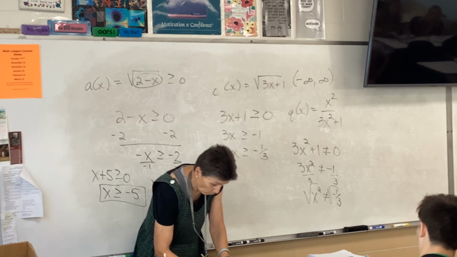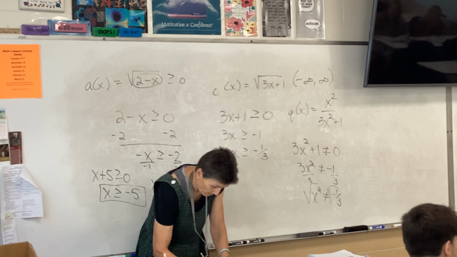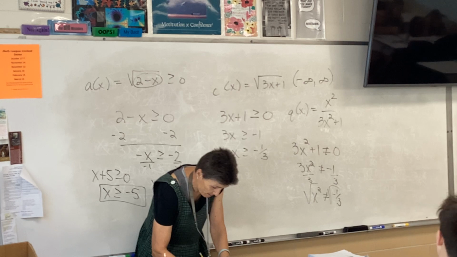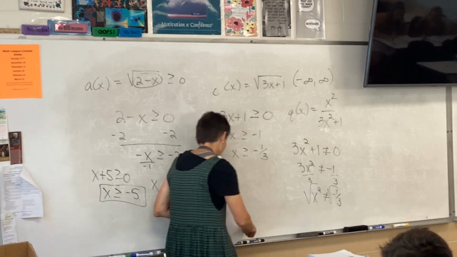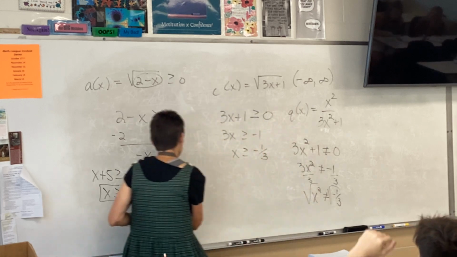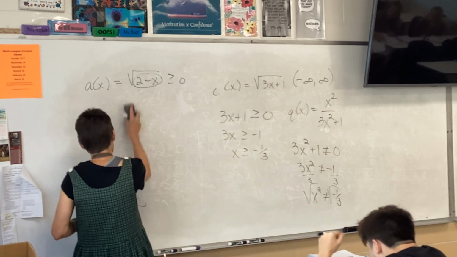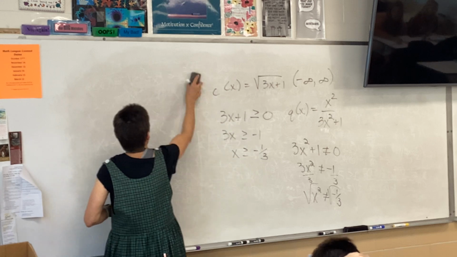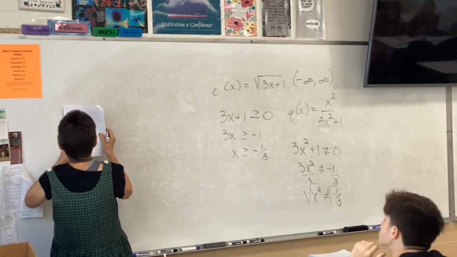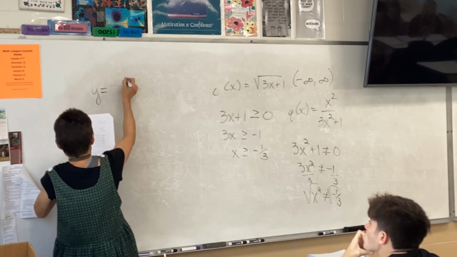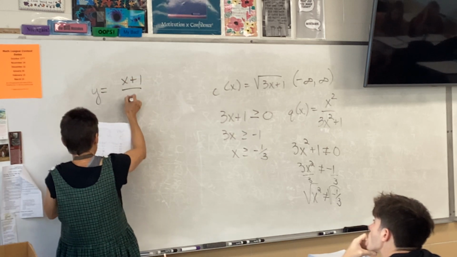Okay, we're gonna do one more problem. And then we'll call it quits. Our objective, by the time we're done with all this, is to be able to graph what are called rational functions. So, problem 3A is an example of a rational function.